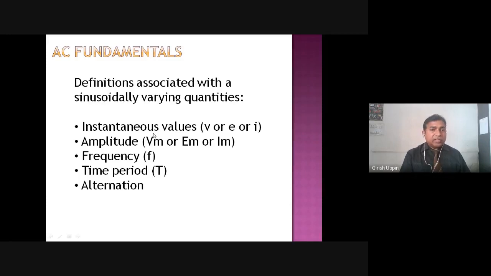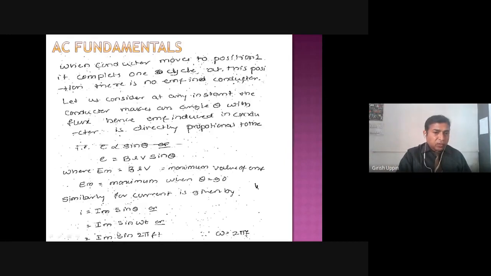As I told you, instantaneous value means the value of the alternating quantity at that particular instant of time t. If you see the equation here, i = Im sin ωt or 2πft, as time t changes, the instantaneous value will keep on changing, right?